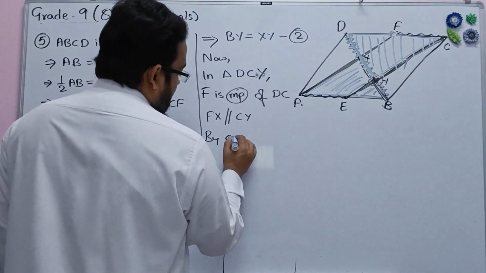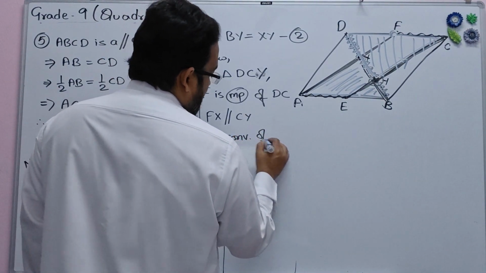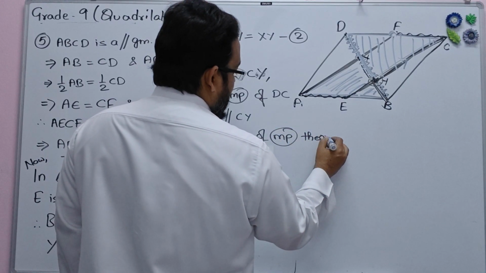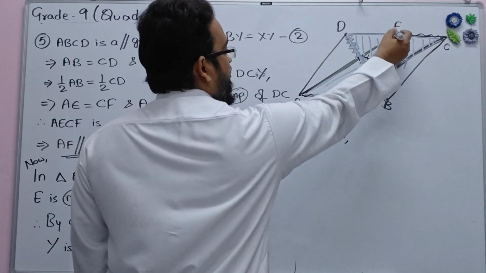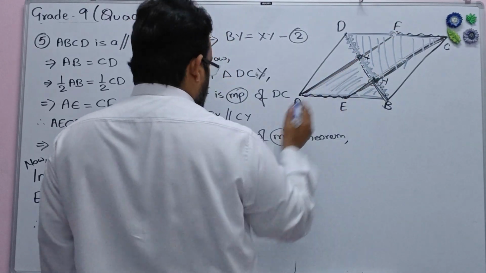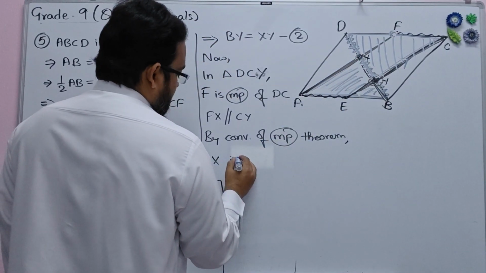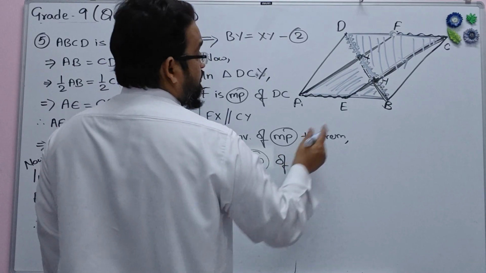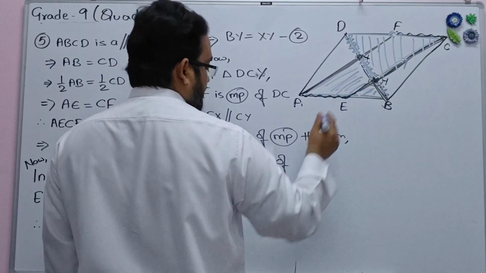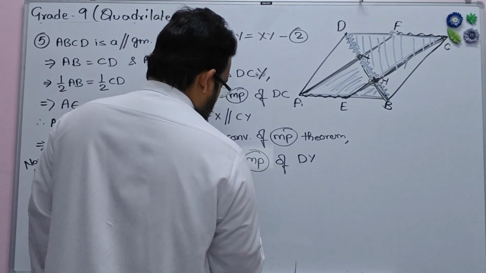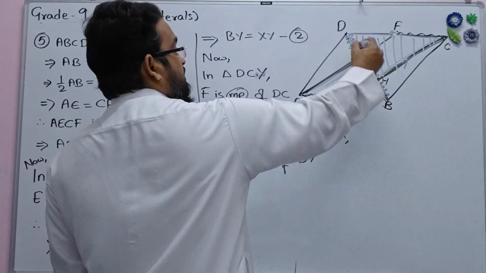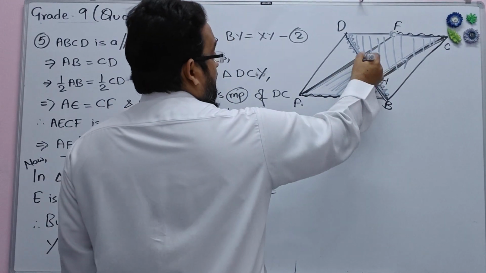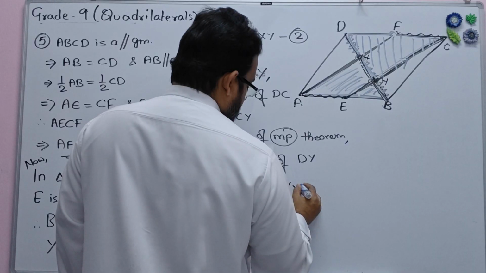So by converse of midpoint theorem, X is midpoint of DY. So that implies DX is equal to XY or YX.